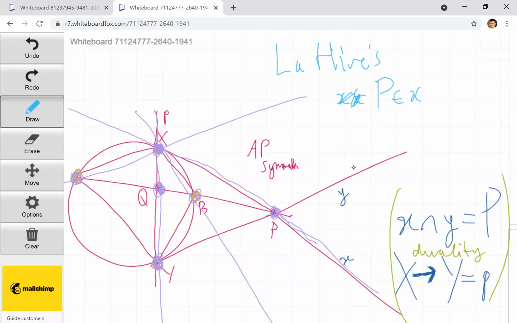P lies on X if and only if X lies on P, right? That's Lahir's. So we have that. Look at this. So P definitely lies on X, right?